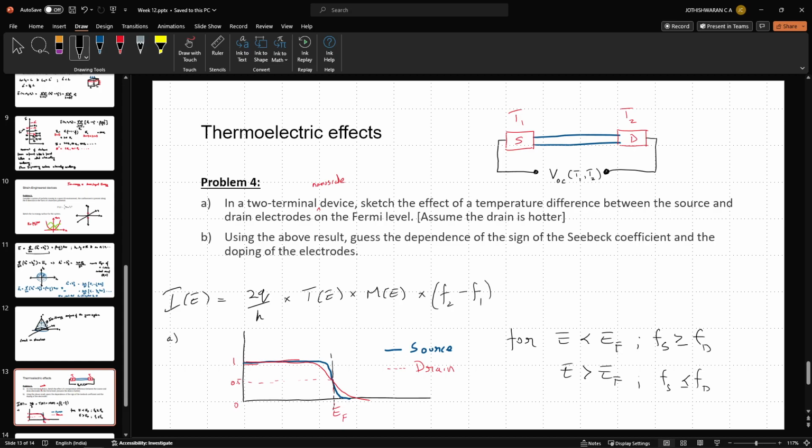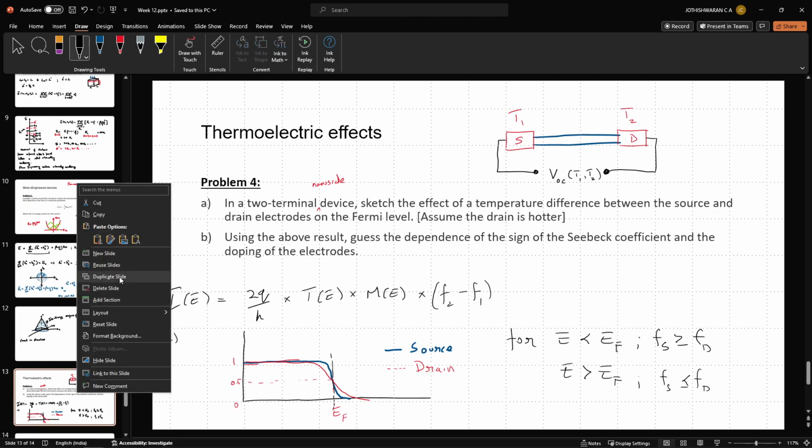So that is higher in the case of the drain and lower in the case of the source. And as the temperature increases, this disparity will keep increasing further and further, which implies as the temperature increases, electrons will tend to move from the drain to the source.